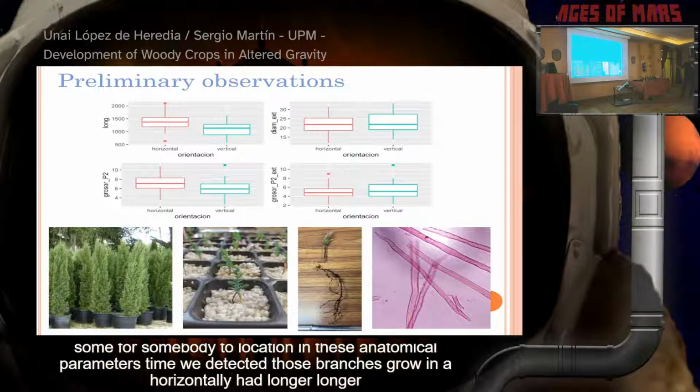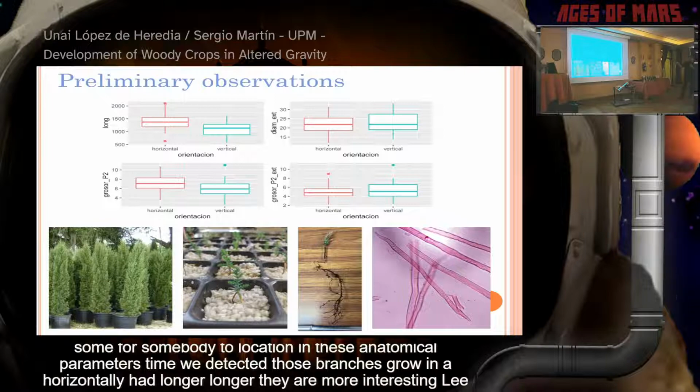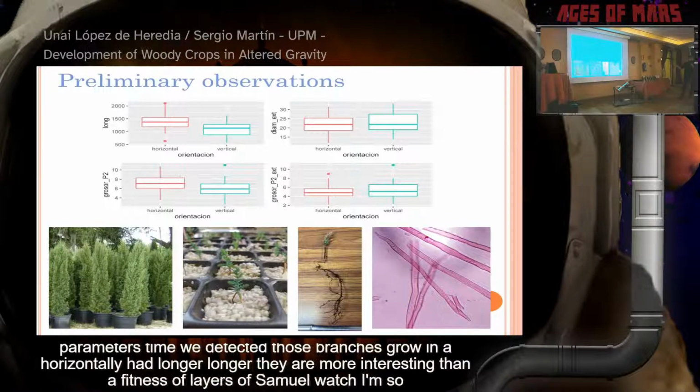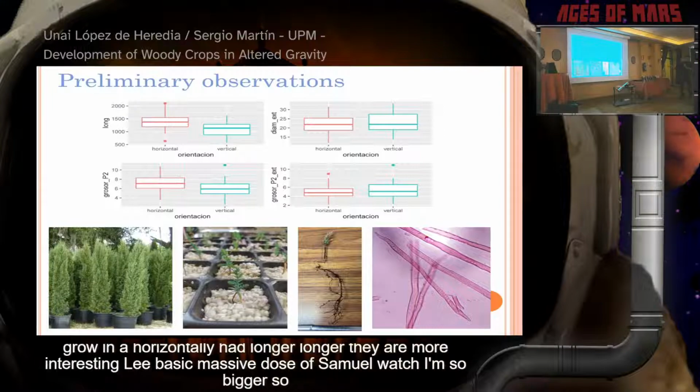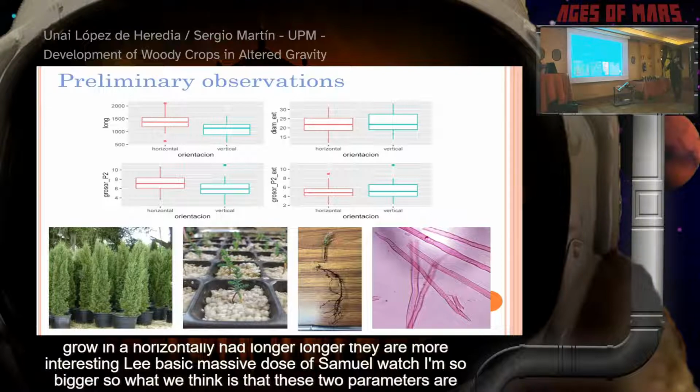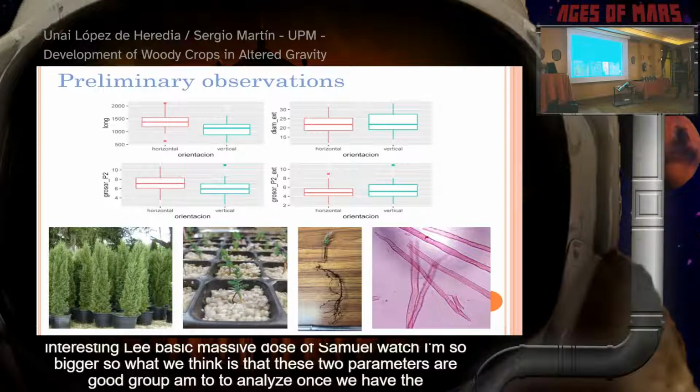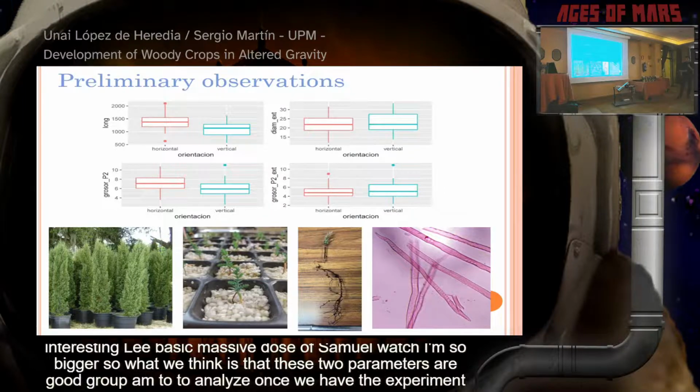These are the cells that form the wood of the cypress, and more interestingly, the thickness of the cell wall was also bigger. So we think these two parameters are good parameters to analyze once we have the experiment completed.